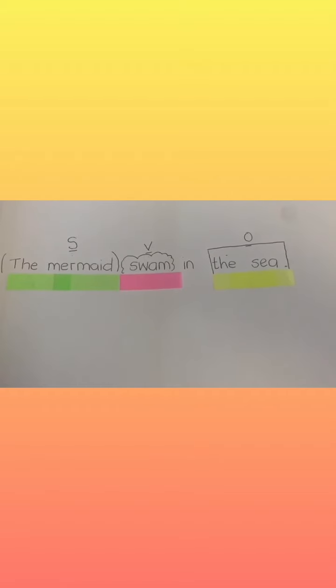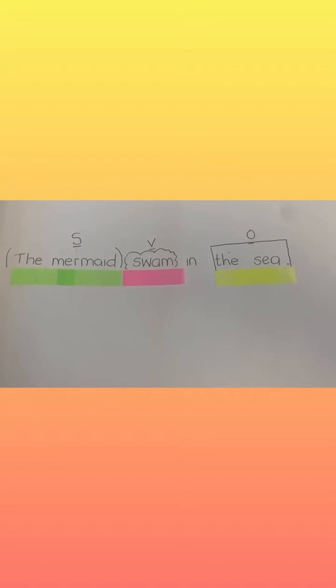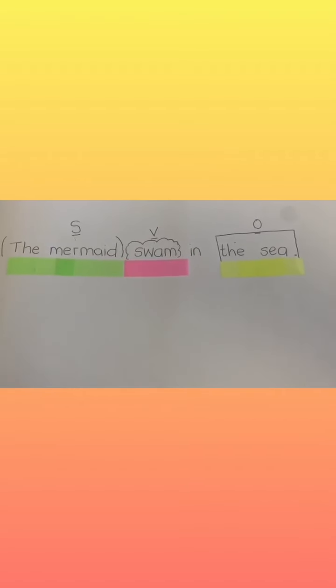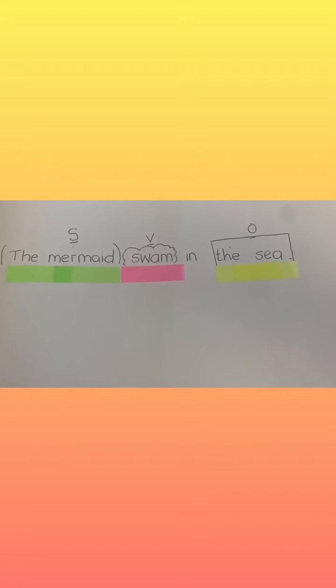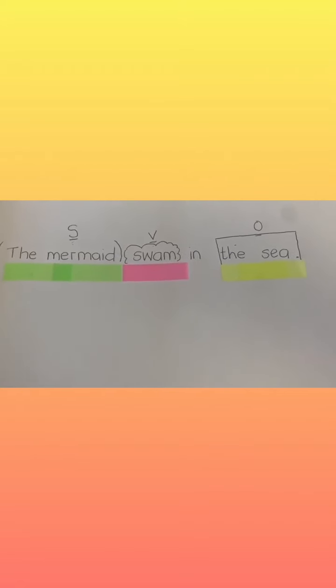How is this subject interacting with the sea? By swimming in the sea. You're going to get 5 simple sentences, and you're going to be asked to identify the subject, the verb, and the object. Once you are able to do that, you are able to build more exciting sentences.